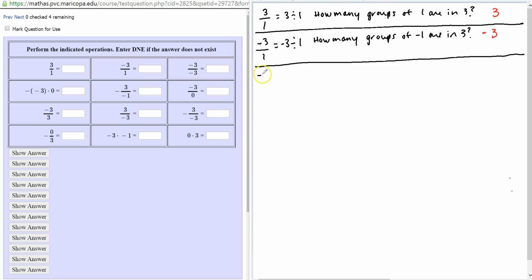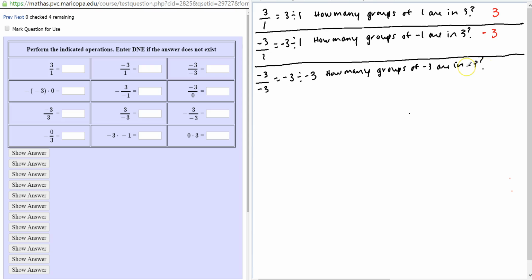Now we have negative 3 over negative 3, which we can rewrite as negative 3 divided by negative 3. So we're dividing a number by itself. So how many groups of negative 3 are in negative 3?